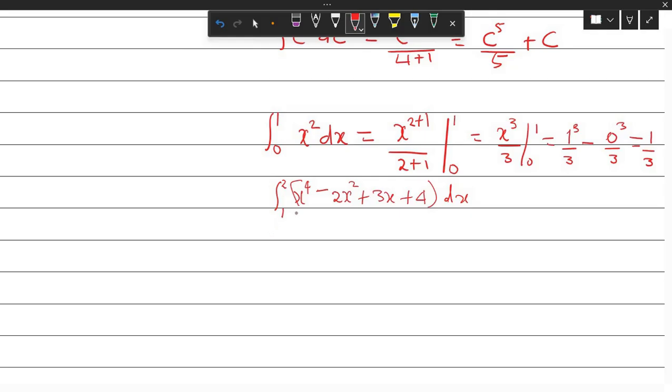So you are integrating each term here. Each term you integrate, this one, this one, this one, this one.